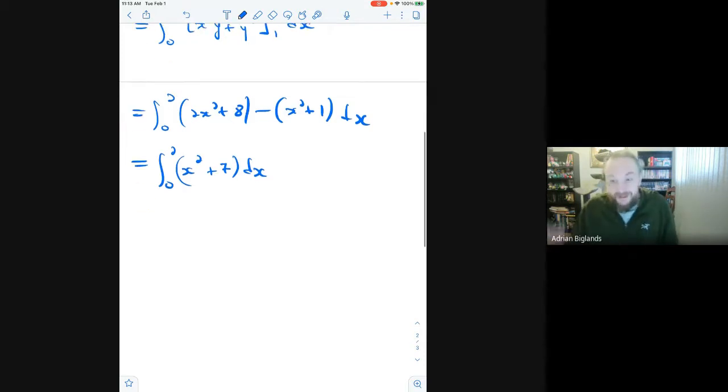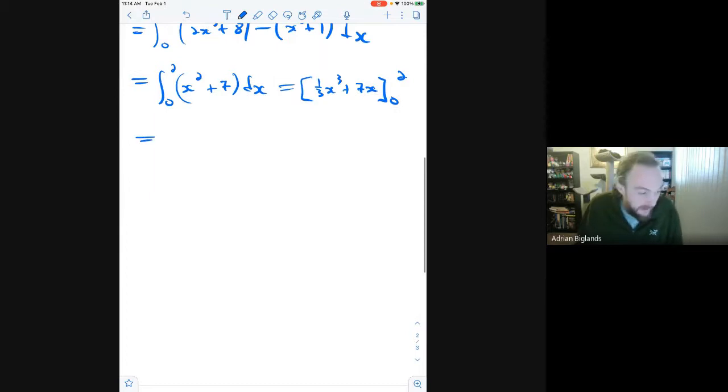Once I compute this, now I take the antiderivative with respect to x. I'll get, by the fundamental theorem of calculus, part 2, 1/3 x cubed plus 7x, evaluated from 0 to 2, which is going to give me 8 over 3 plus 14, which is 8 over 3 plus, I'm going to multiply by 3 over 3, so 42.